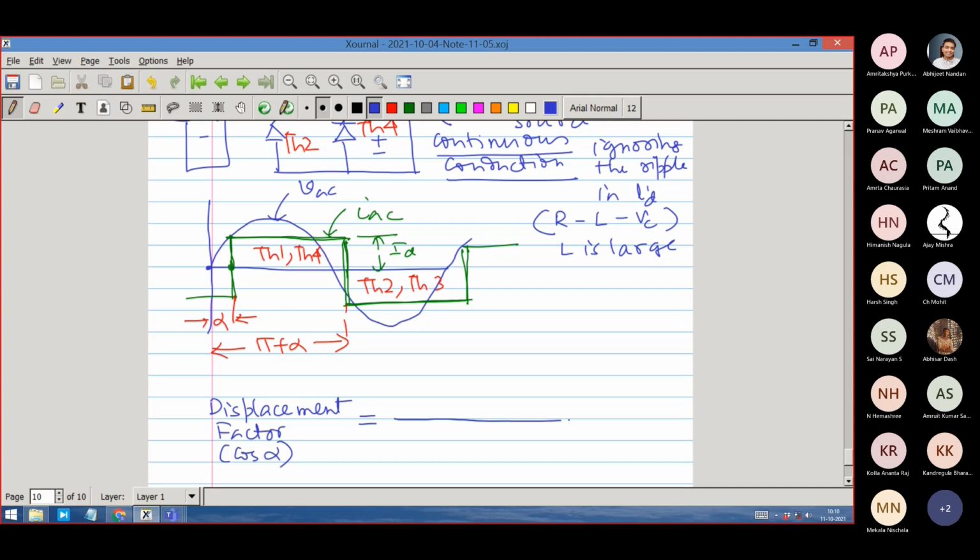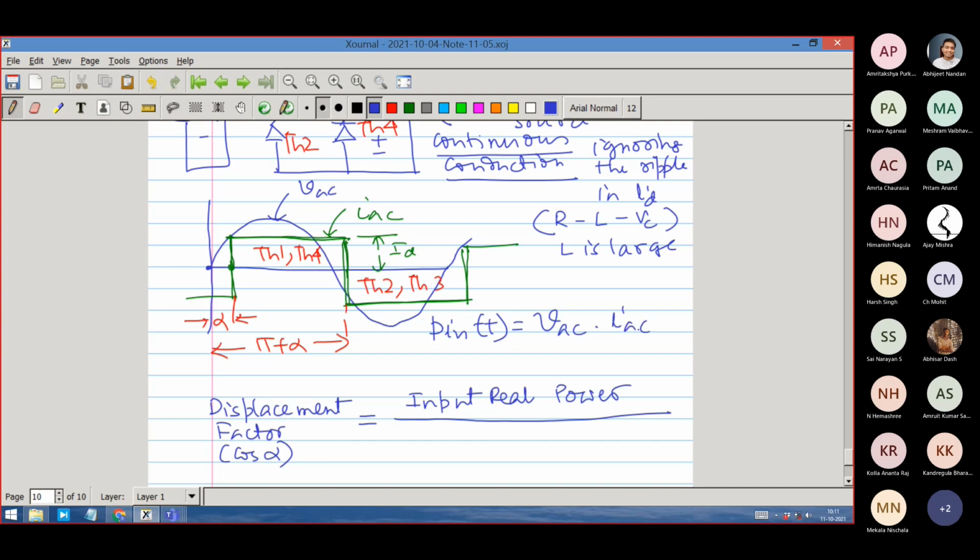So what we will define cos alpha, or displacement factor, as is the input real power. How is input real power defined? P in, in instantaneous form, we define as VAC into IAC.